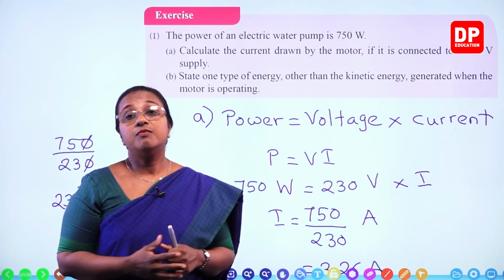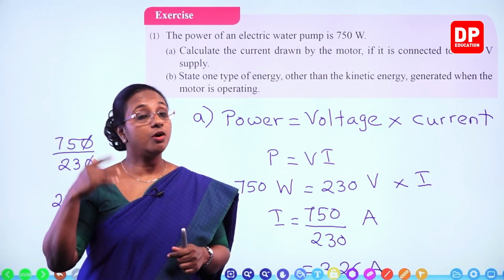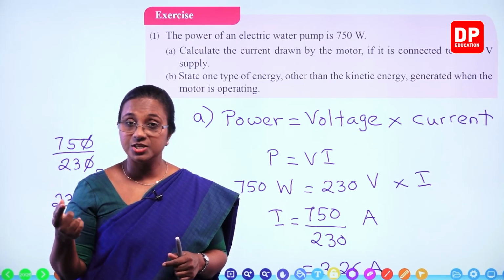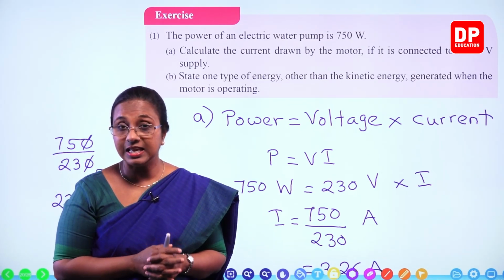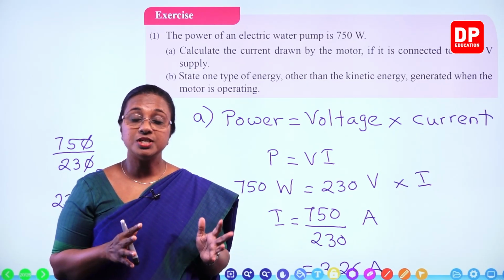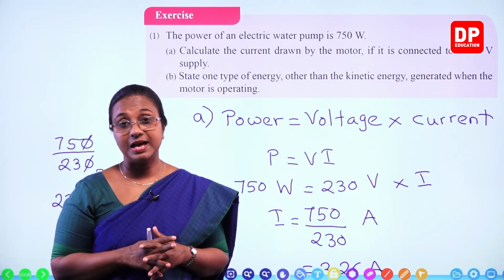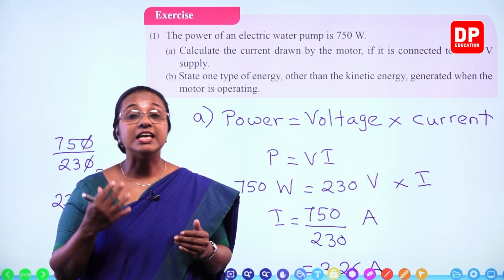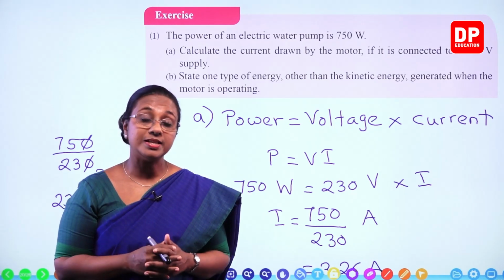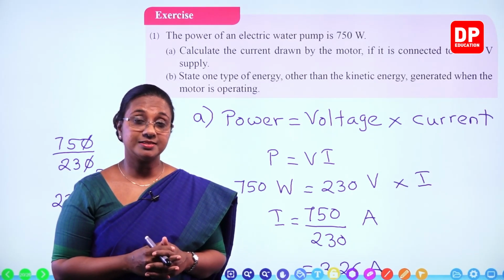So in a water pump, the motor, or inside a fan, there is a motor. In all those, there is rotation. So there is kinetic energy. In addition to that, you all know, students, most of the electric appliances have internal resistance. So what happens when there is internal resistance?